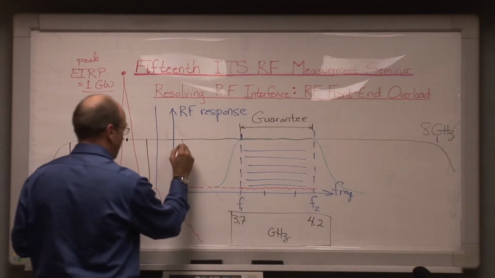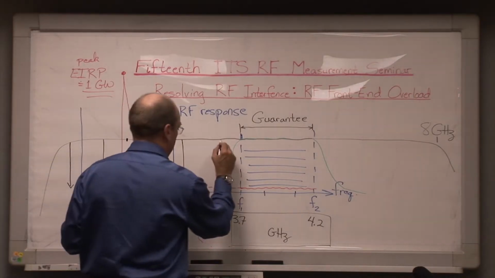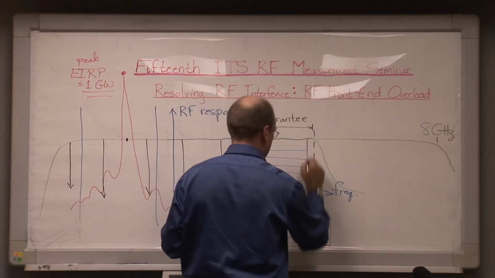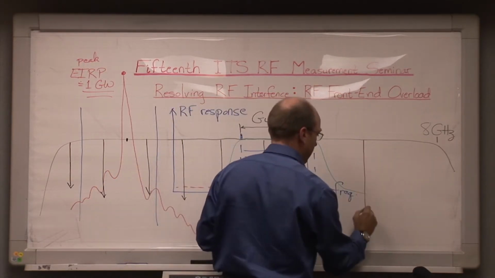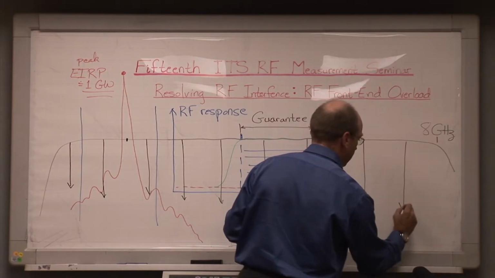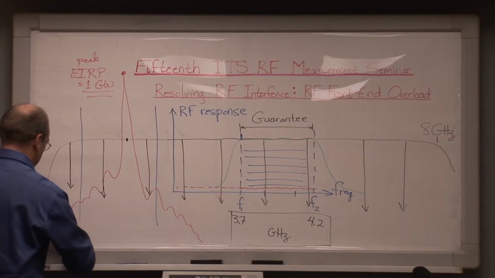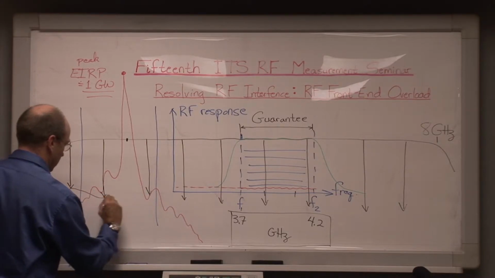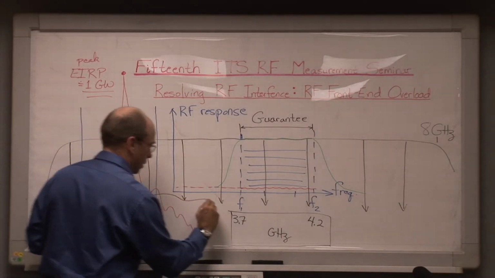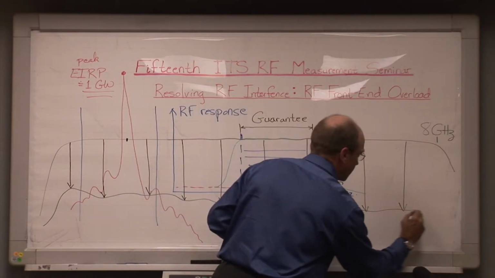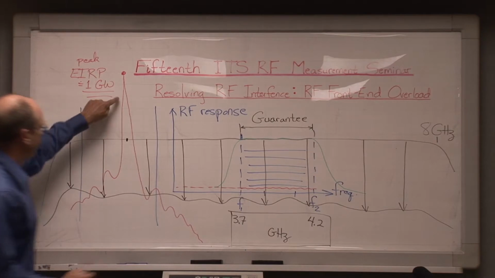It drops, the response drops all the way across the operational response band of the low noise amplifier, and so its response ends up looking like this while it's being subjected to the energy from this transmitter.